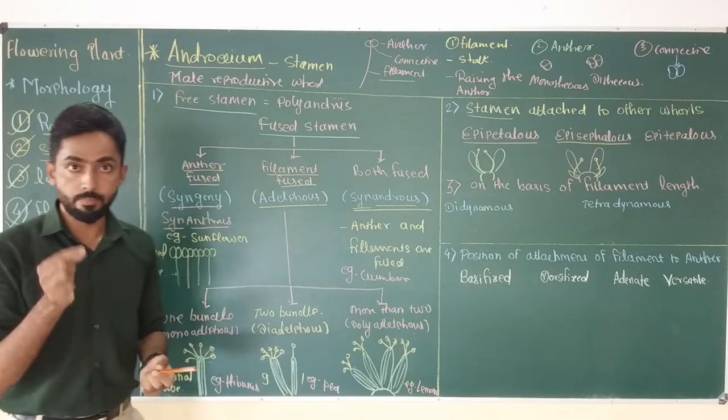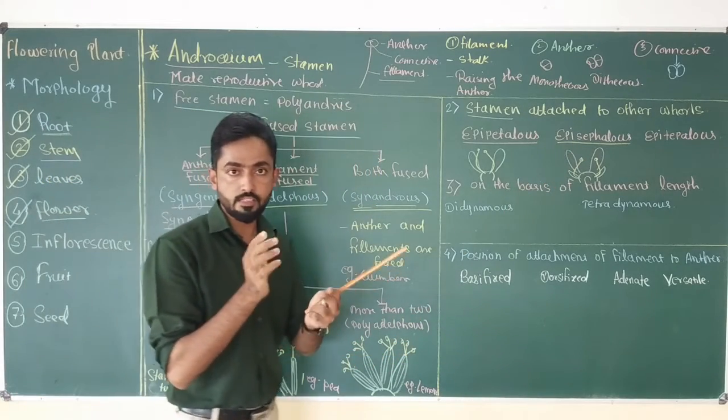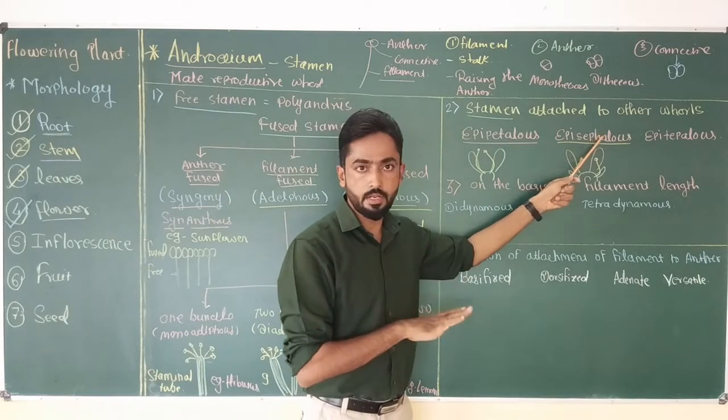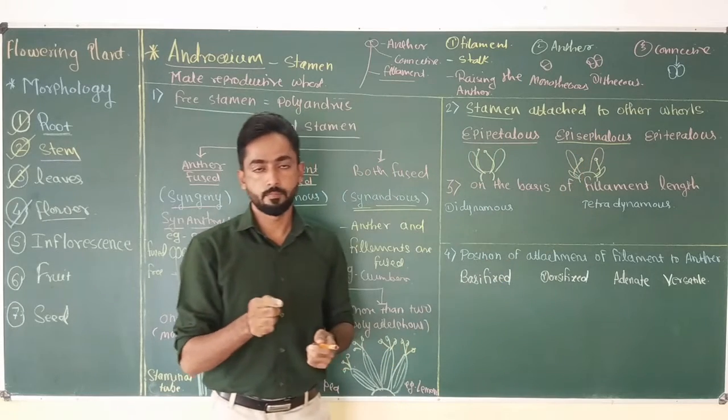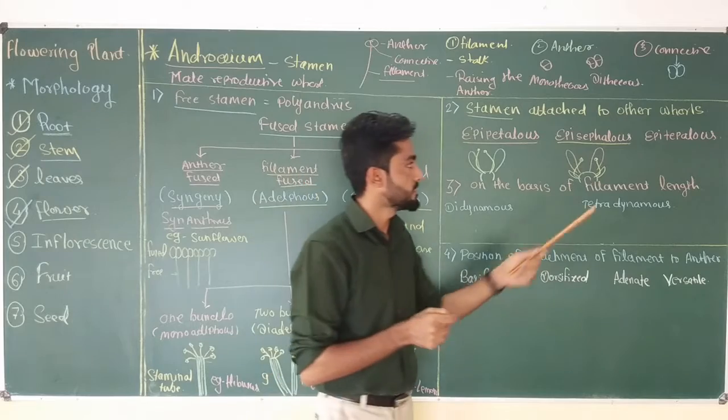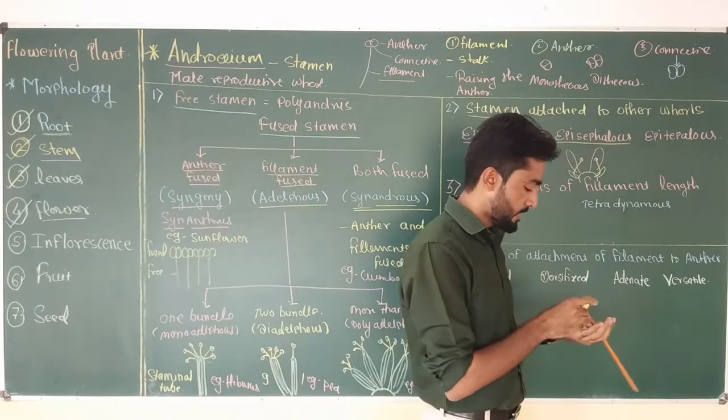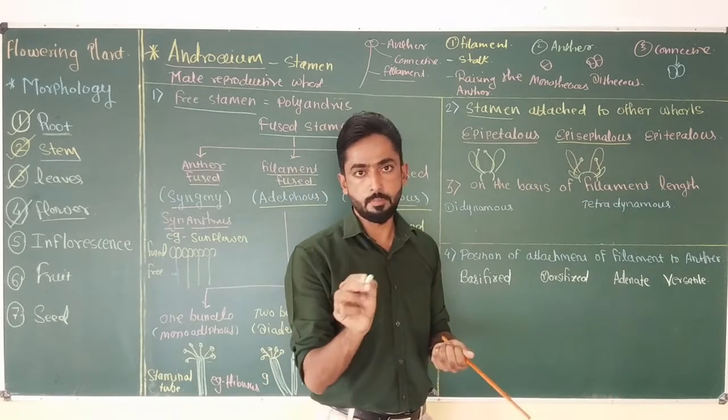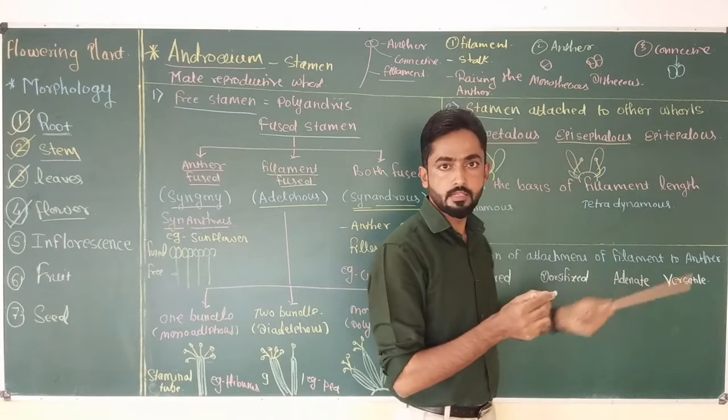The third type of whorl that may be present in the flower is one in which, instead of petal and sepal, the flower has a perianth. An individual member of the perianth is a tepal. If stamens are attached with the tepals, it is called the epitepalous condition.